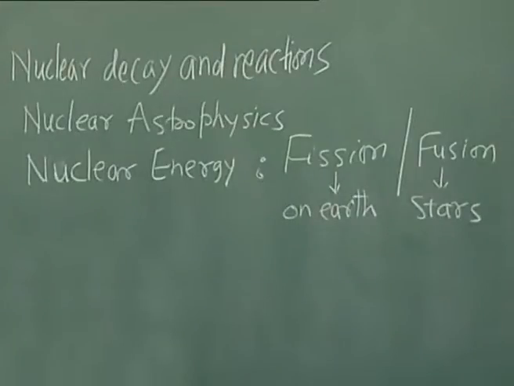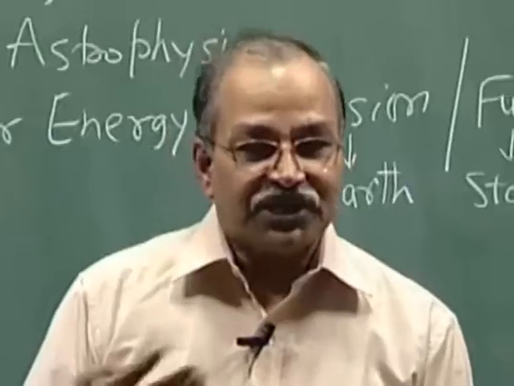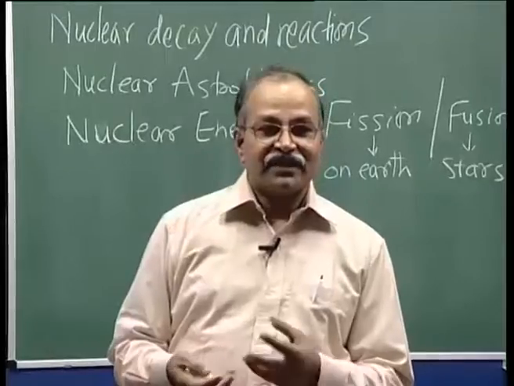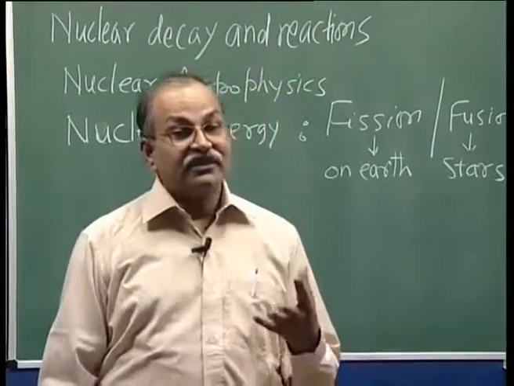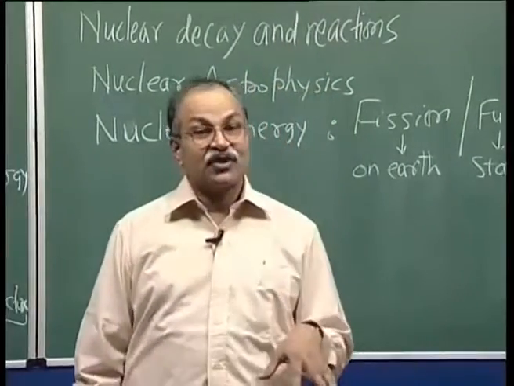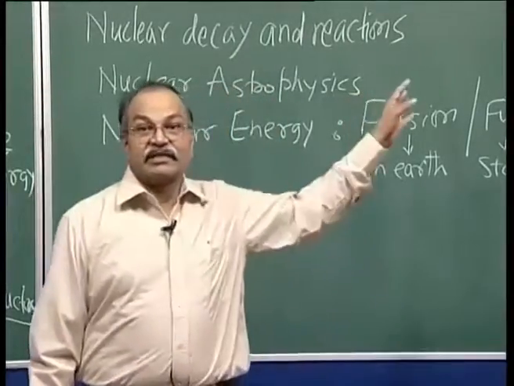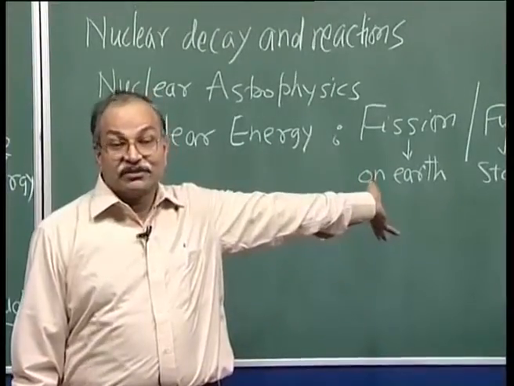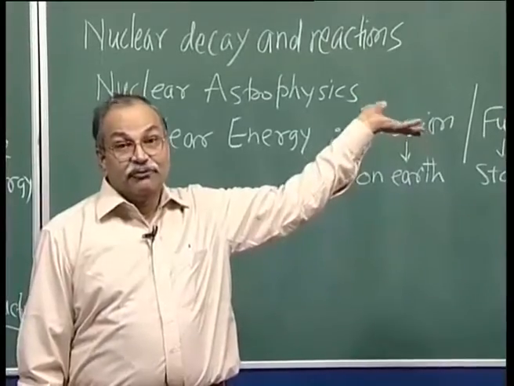So, our reactors in India do this nuclear fission using uranium 235, and from there energy in the form of electricity is produced, and that electricity is sent to our houses and so on. So, energy production on earth uses nuclear fission, and stars produce their energy using nuclear fusion.